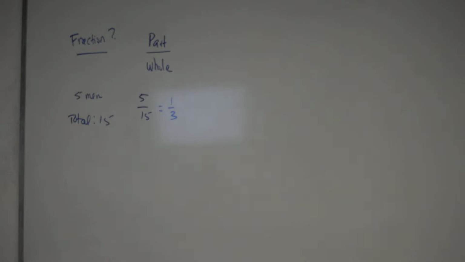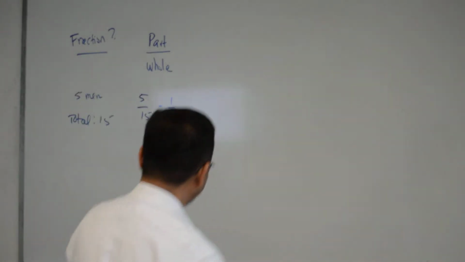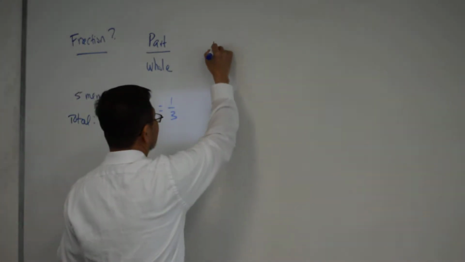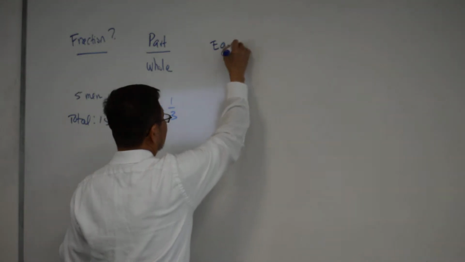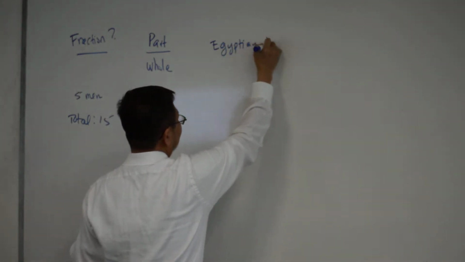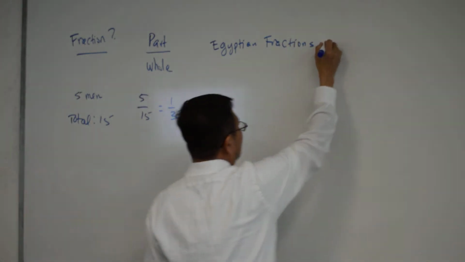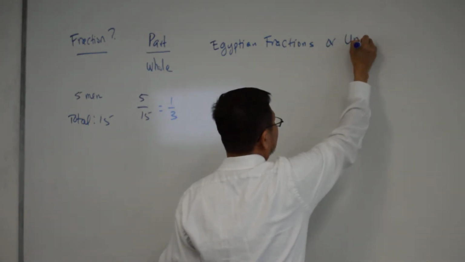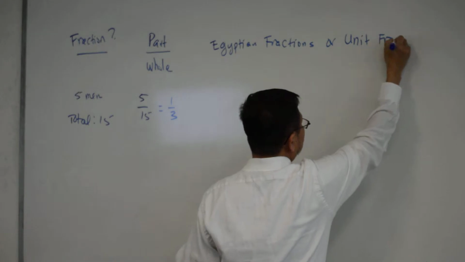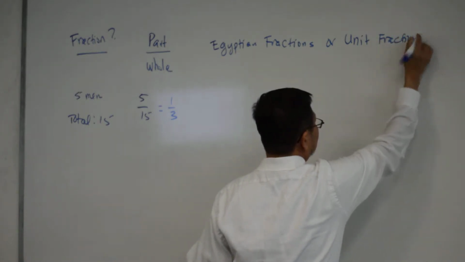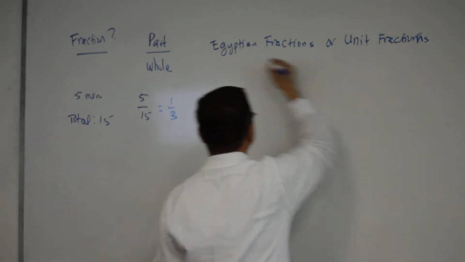I heard of it, but I forgot what it was. Okay, all right. So Egyptian fraction is the key that we focus on in this class, but actually it's a unit fraction, okay? Egyptian fractions or unit fractions.